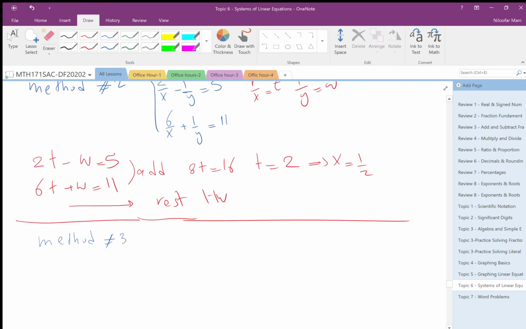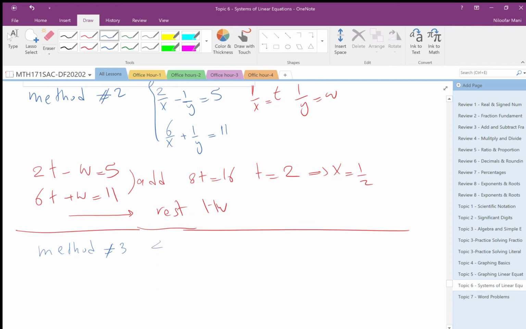Okay, method number 3. So I have 2 over x minus 1 over y equal 5. I have 6 over x plus 1 over y equal 11. And I multiply both sides by xy because I want to remove the fractions. See what happened. So I have 2y minus x equal 5xy.